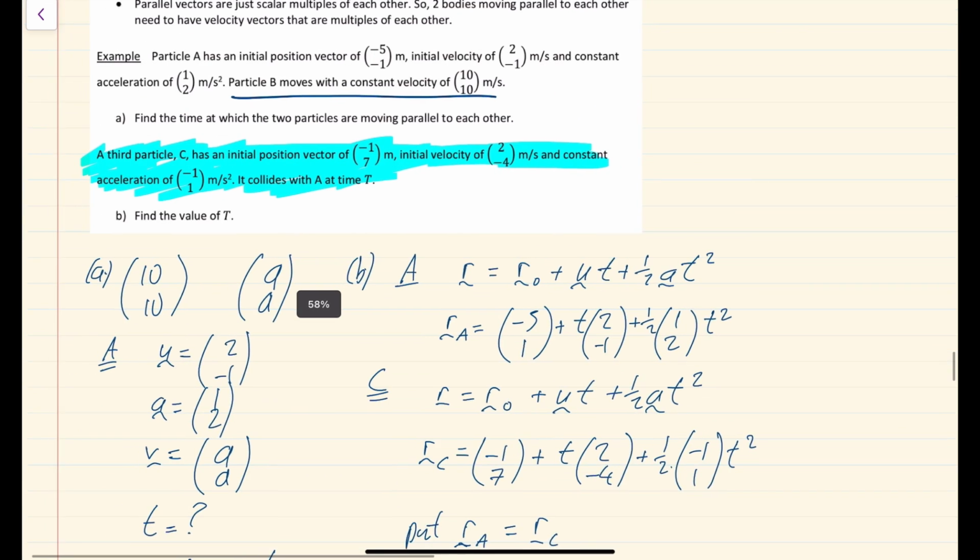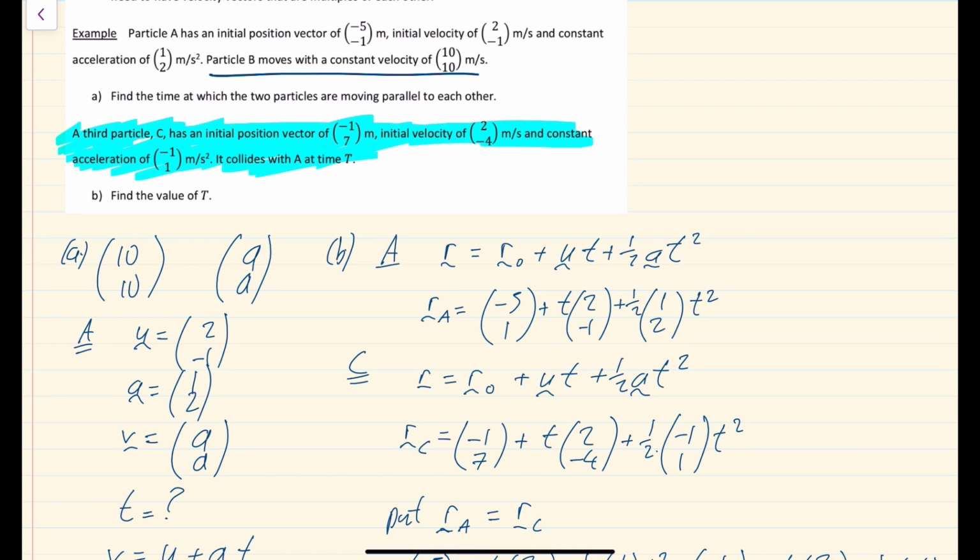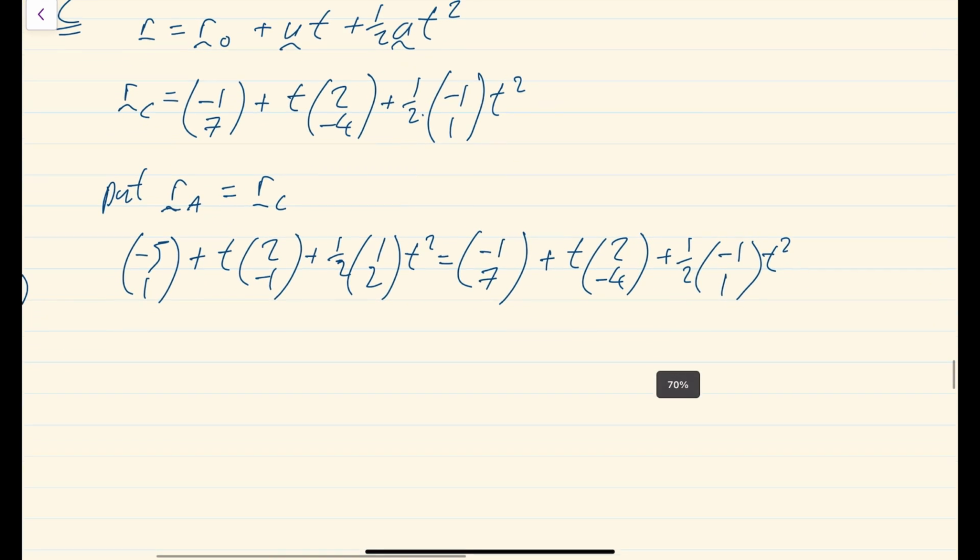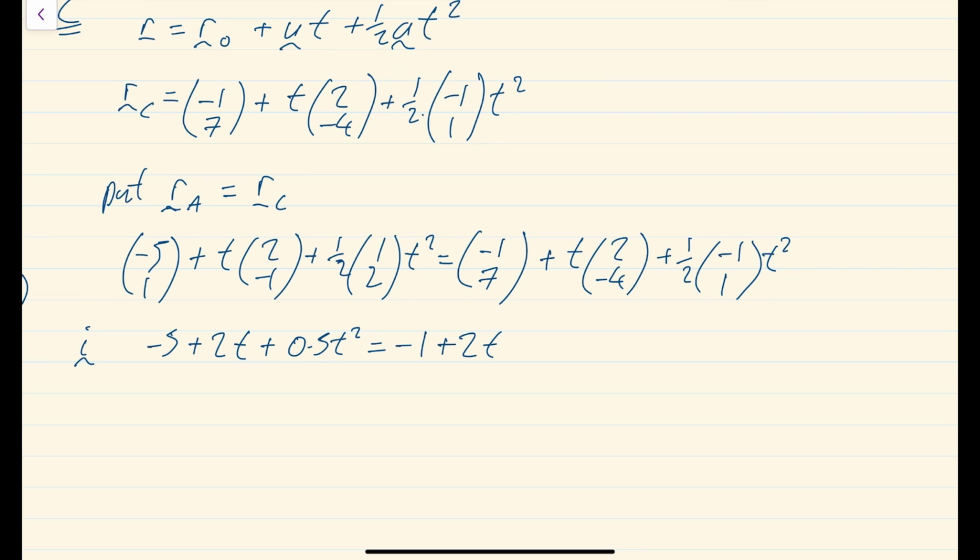Now find the value of t, so they meet at a time t. So we just need to look at one of these. I'll check with my j's just for the purpose of this video, but I'm going to just do the i's. So for the i's, minus 5 plus 2t plus a half times 1 times t squared, so that's 0.5 t squared, is equal to minus 1 plus 2t, and then minus a half times t squared.